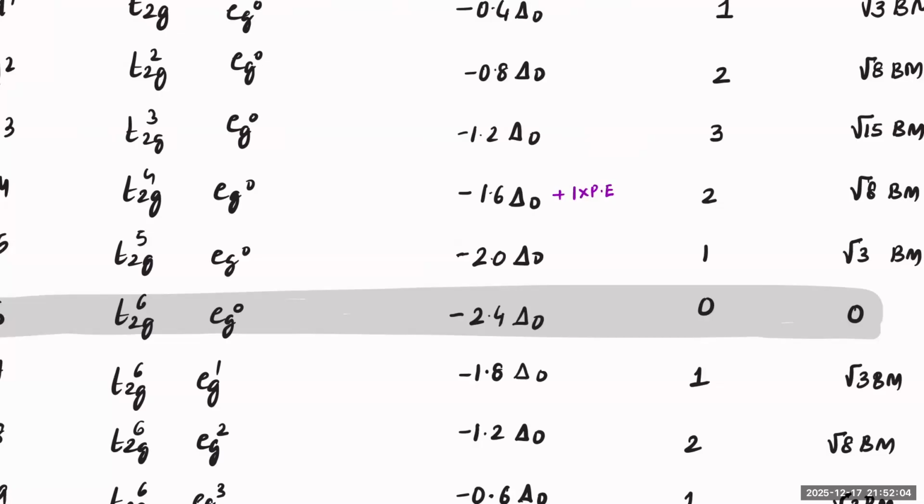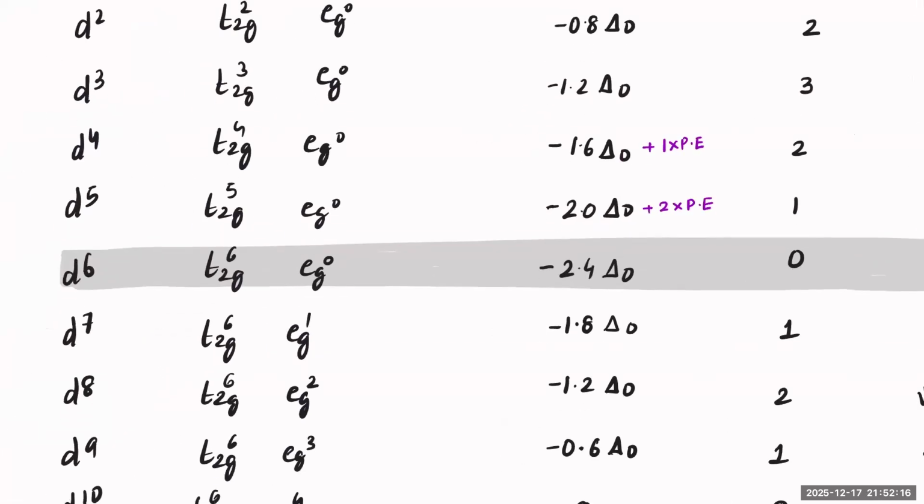Most of the time pairing energy is ignored, but if it is very strictly written, you have to write it as well. Next here, I'll be writing 2 into pairing energy because now you are making two pairs. Now here, I'll be writing 2 into pairing energy again.